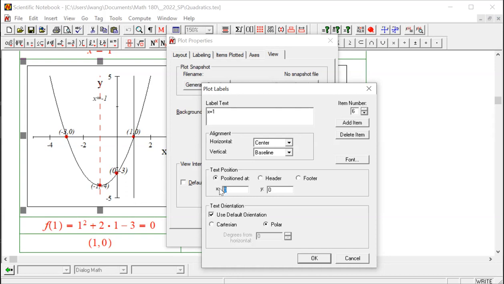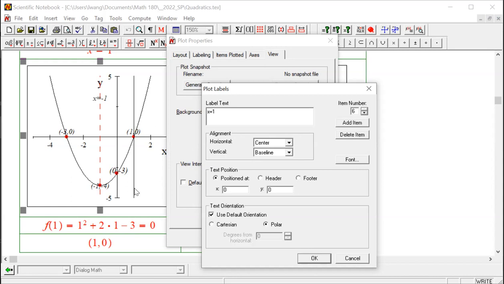And we're going to put it here. Okay, it didn't finish. So x equals 1.